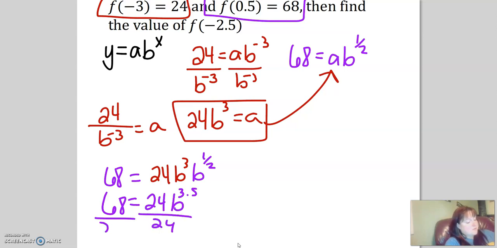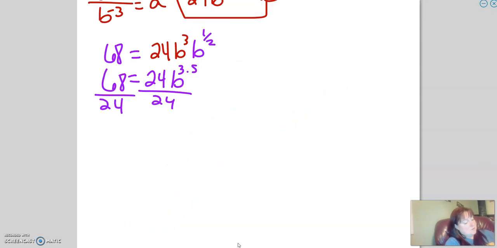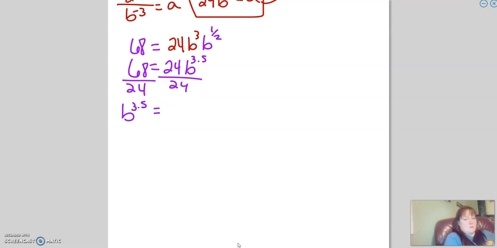Divide both sides by 24, and I'm going to get b to the 3.5 equals 68 divided by 24, which is 2.833.